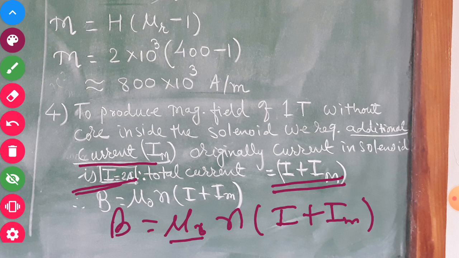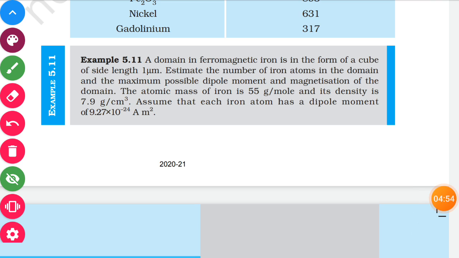Mu 0 is known to you, B is 1 Tesla, N is known to you, 1000, and I, the current which was earlier flowing, is 2 ampere. Now this Im can be easily calculated. Thank you very much.